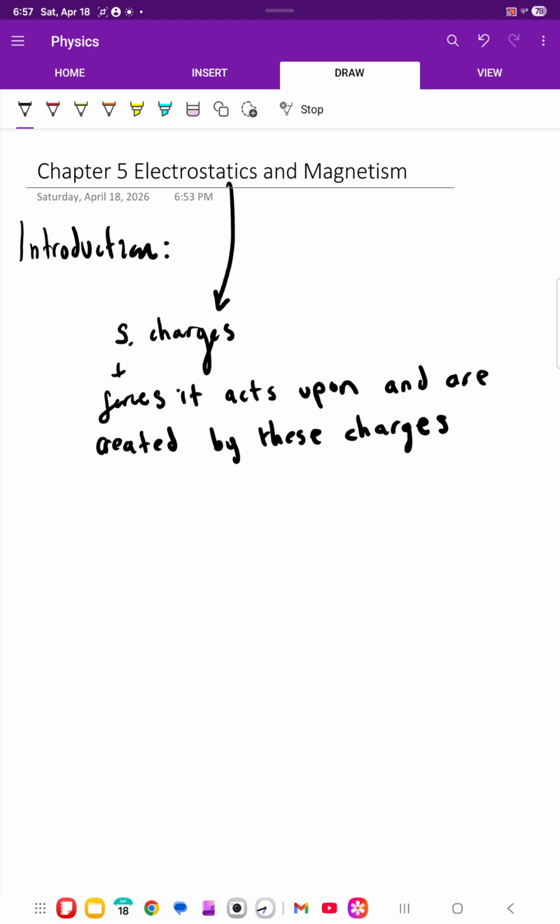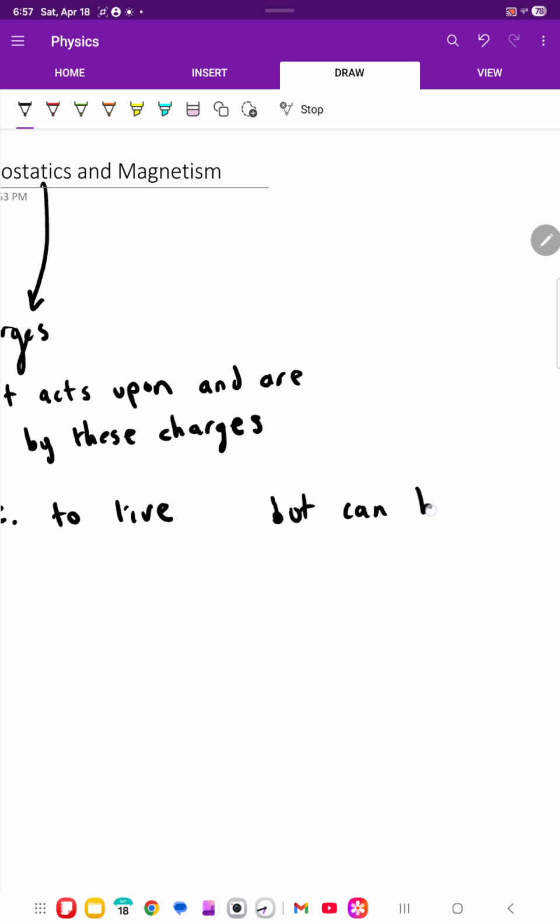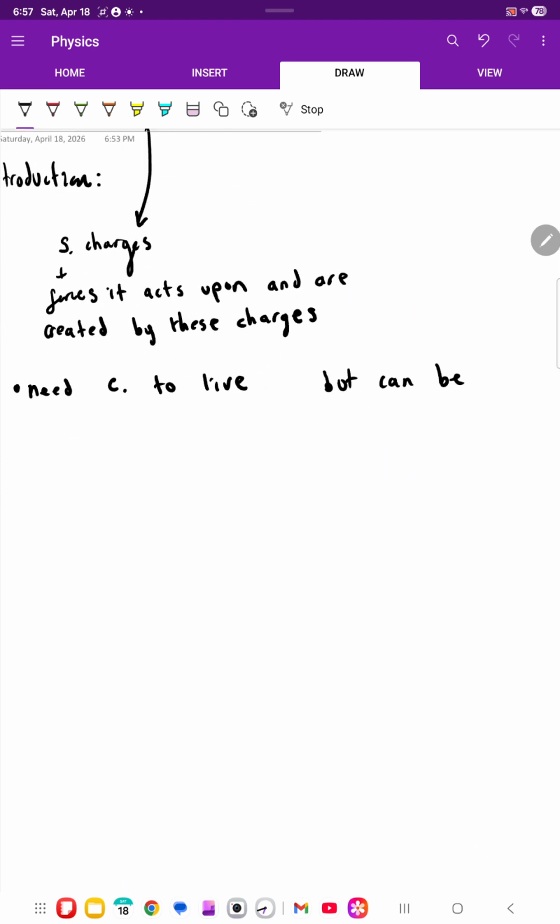But living with electric charge can even be deadly. So it's saying that we need charges to live, but it can be deadly.